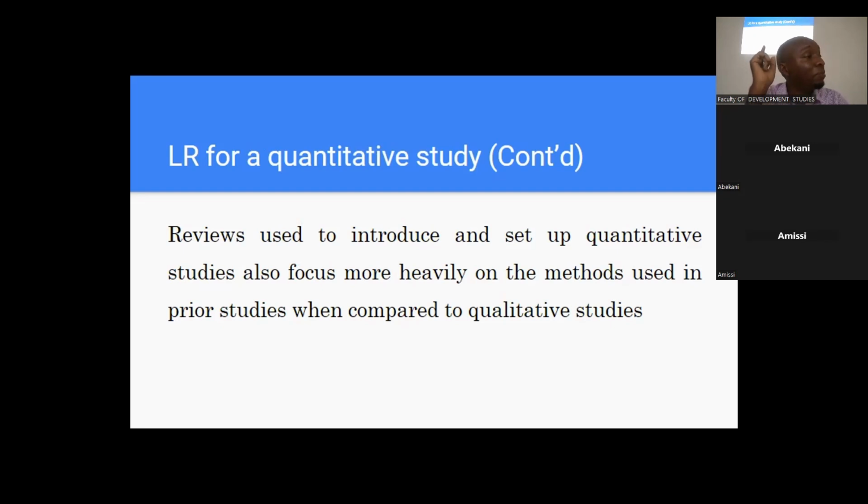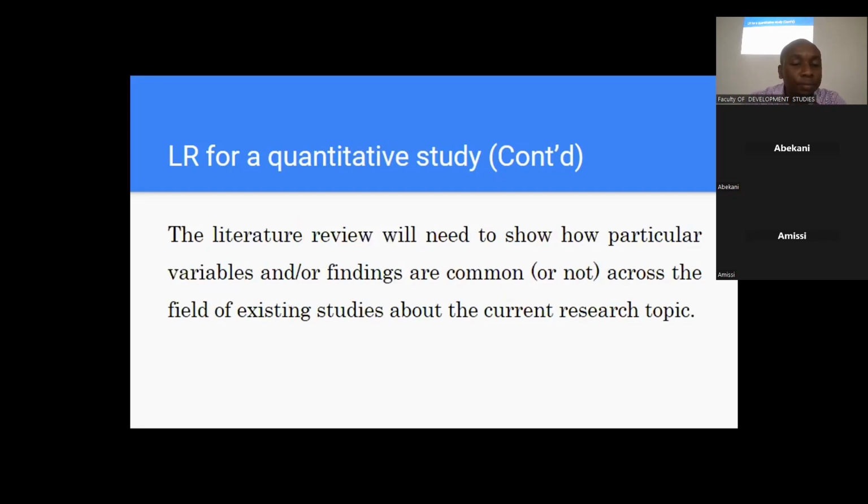You have to discuss the methods deeper than the findings, because the findings are simple. It's the statistics. It's to say there is a relationship at 50%, but the methods then are important. But for qualitative, what is important is the findings because it's a lot of themes and sub-themes. You need to discuss them. Okay?